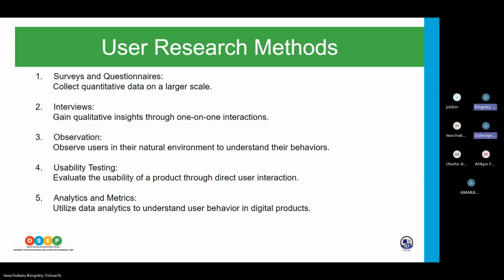Remember what I said? I said we want to get more qualitative information. We want to get information that is of quality, right? We want to hear from the users themselves. So looking at these different methods, which one do you think we should adopt if we want to get real information?